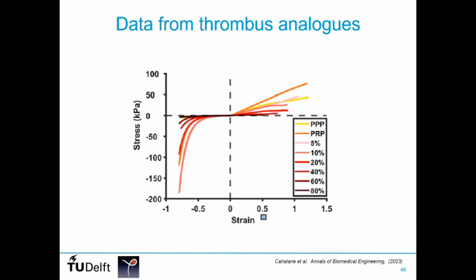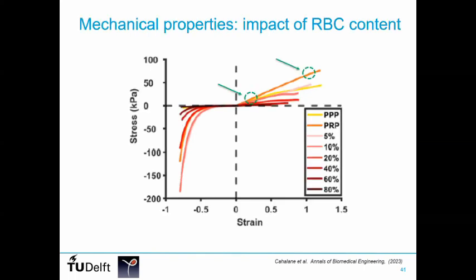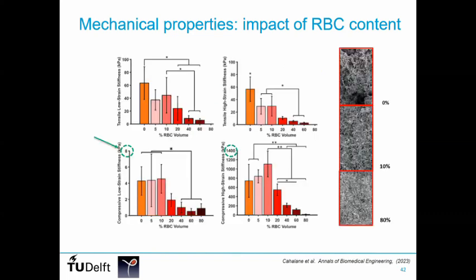Like for the compression, we can also determine low strain stiffness and high strain stiffness for the extension experiments, and then we can take a look at these values here. Again, first as a function of the red blood cell concentration, these are the extension experiments, from low red blood cell concentration to high, and you see a more or less linear decrease in the stiffness, confirming what we've seen before.